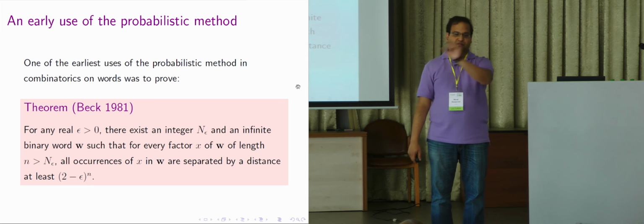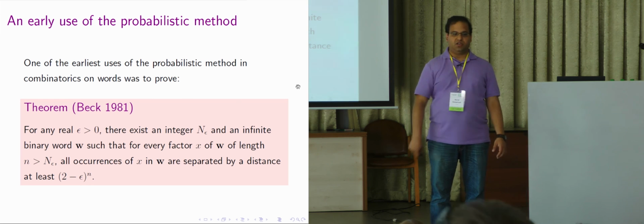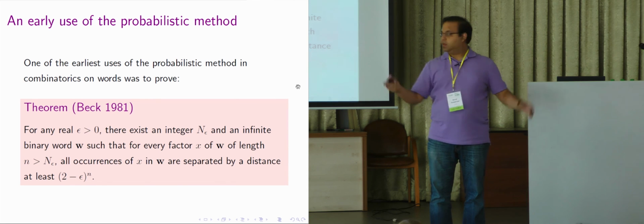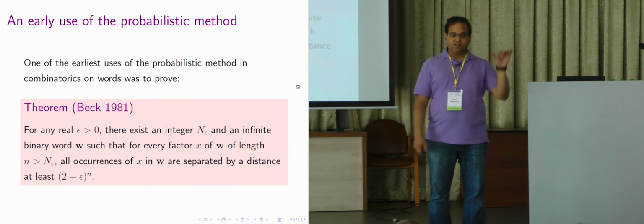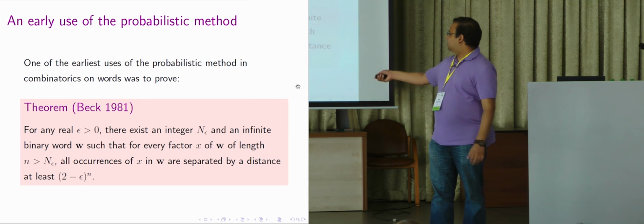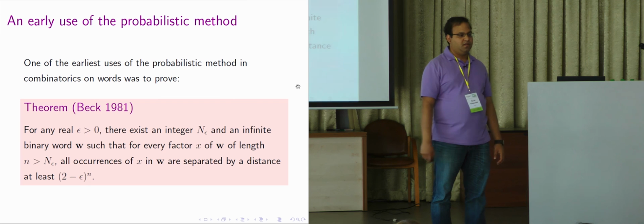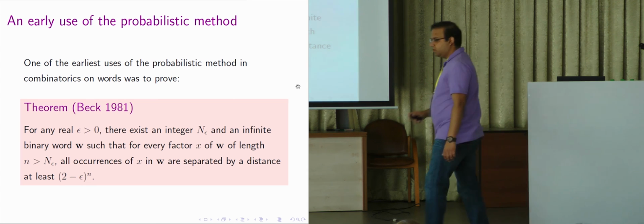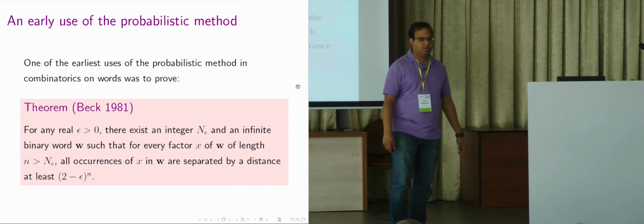Right, so obviously for small factors you will have some repetition at fairly close distances, but for large enough factors, the distance between consecutive occurrences of any factor of length n is exponential in n, which is a very strong avoidability result, right?